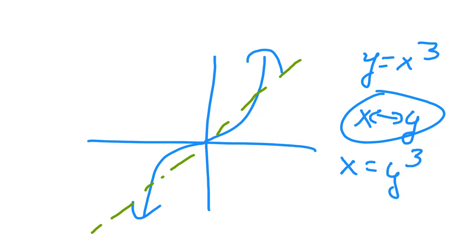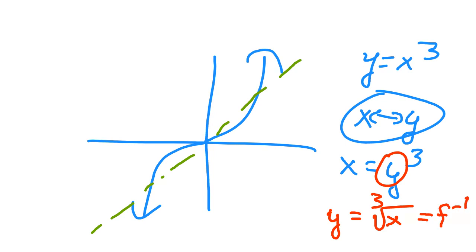And then I want to solve this for y. If I solve that for y, then y is going to equal the cubed root of x. And of course, this is going to be the inverse. So this is f inverse of x. It's like switching it about the y equals x line.